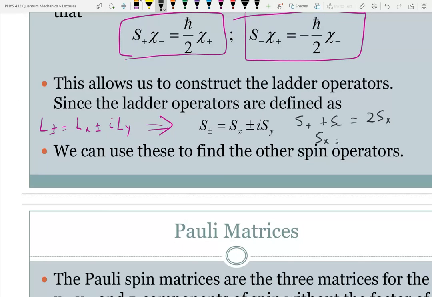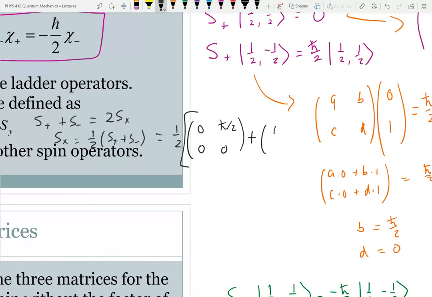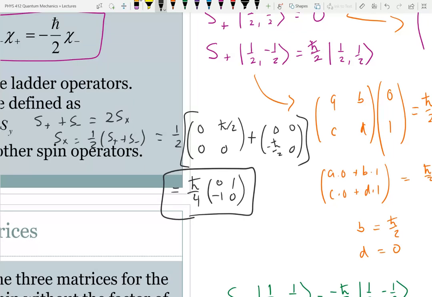And so SX is equal to 1/2 S plus plus S minus equals 1/2 of 0, H bar over 2, 0, 0, plus 0, 0, minus H bar over 2, 0. So there's my SX.